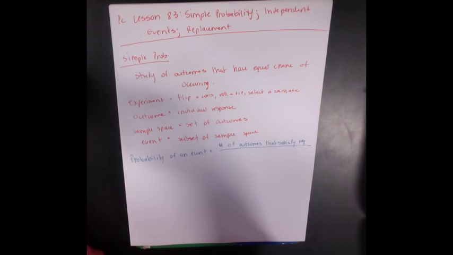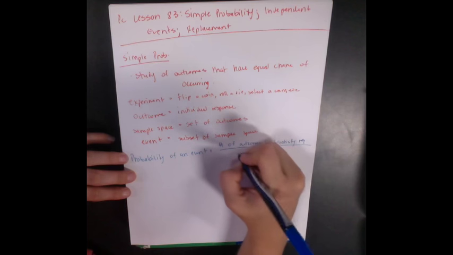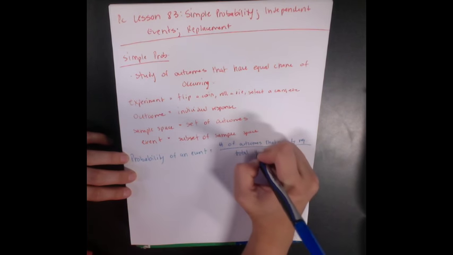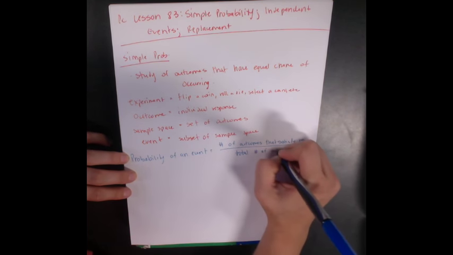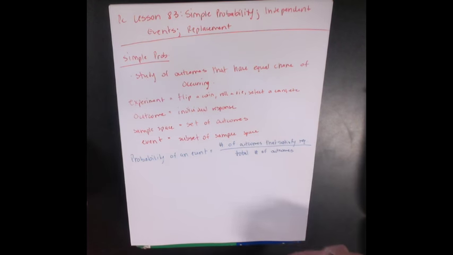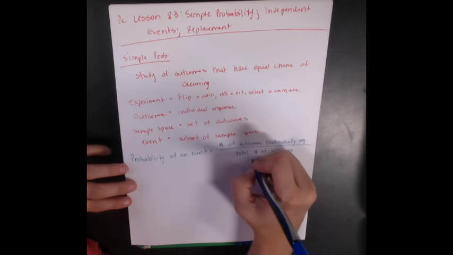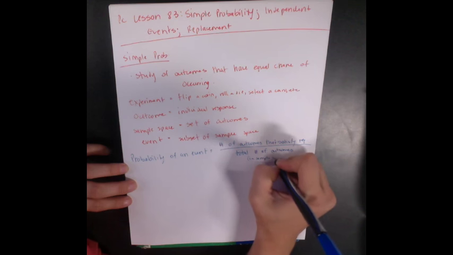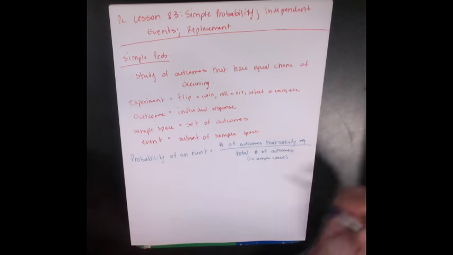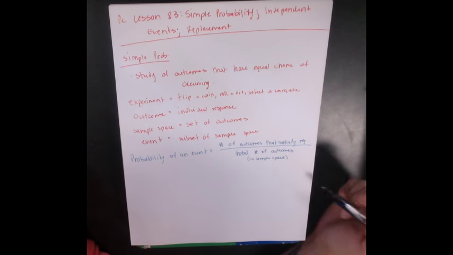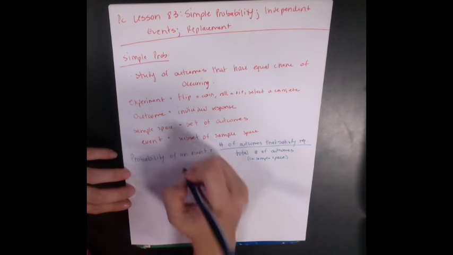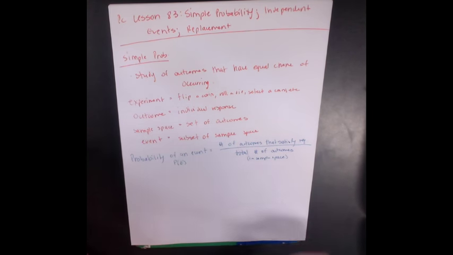Satisfying the requirement would mean that it is heads. It's divided by the total number of outcomes in our sample space, like how many times we flipped it.